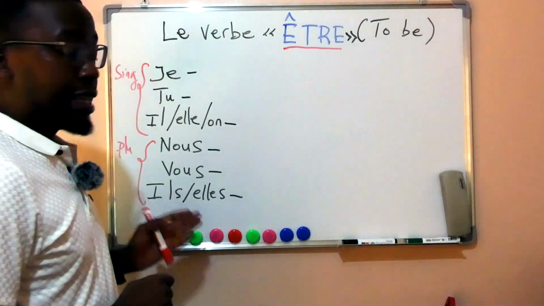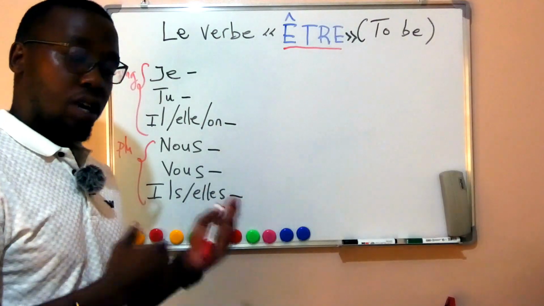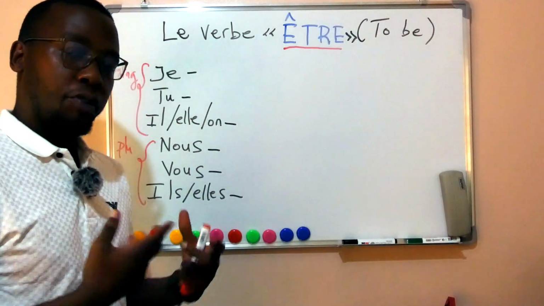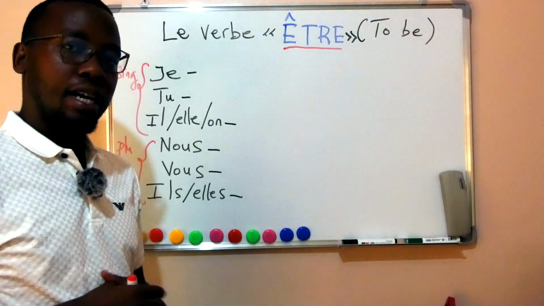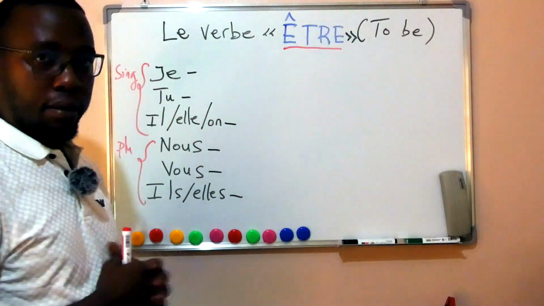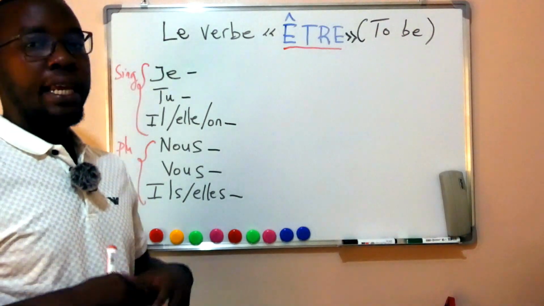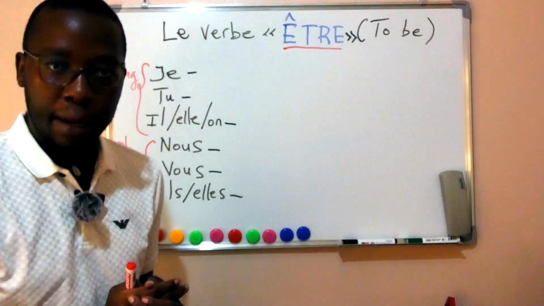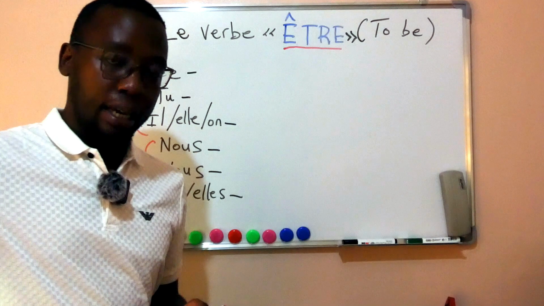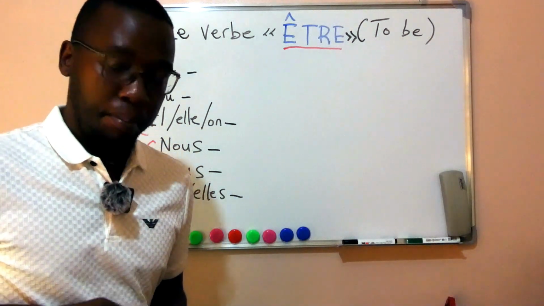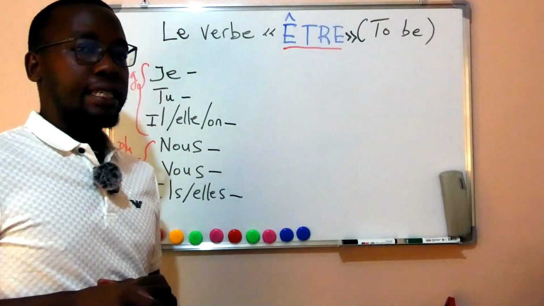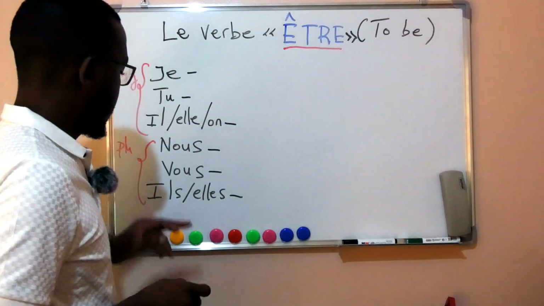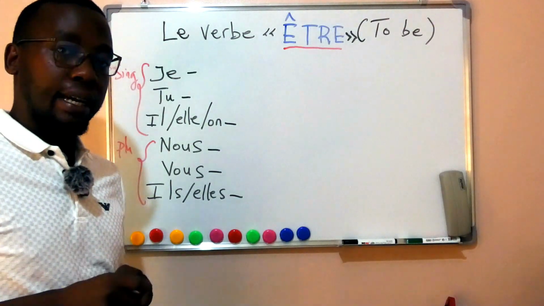So it means they, and it depends on how you use it. If you're talking about they referring to, for example, women, you use elle. But if you're referring to, for example, men, for example, they are going, and you're talking about men, then we use il in that case.